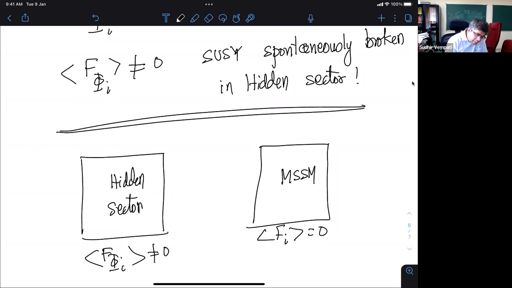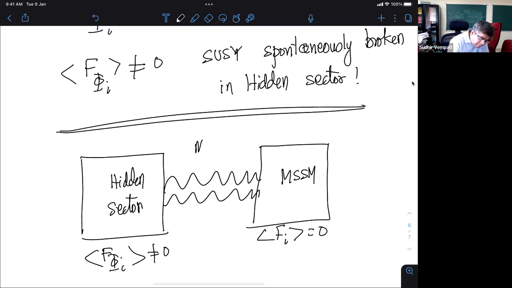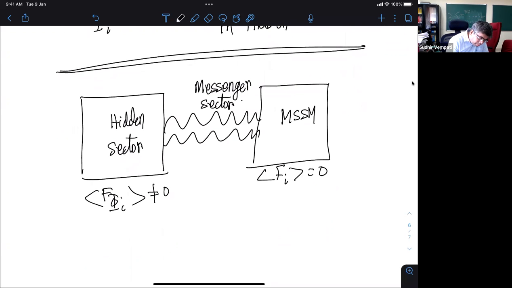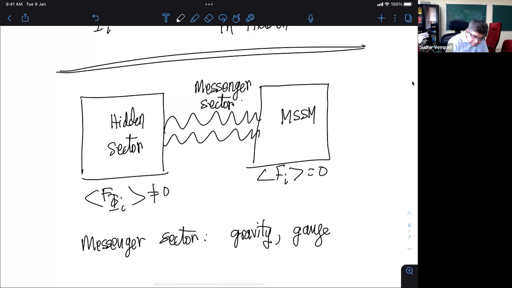This is communicated to the MSSM by some methodology, by a sector called the messenger sector. This messenger sector could be gravitational interactions, or it could also be gauge interactions.